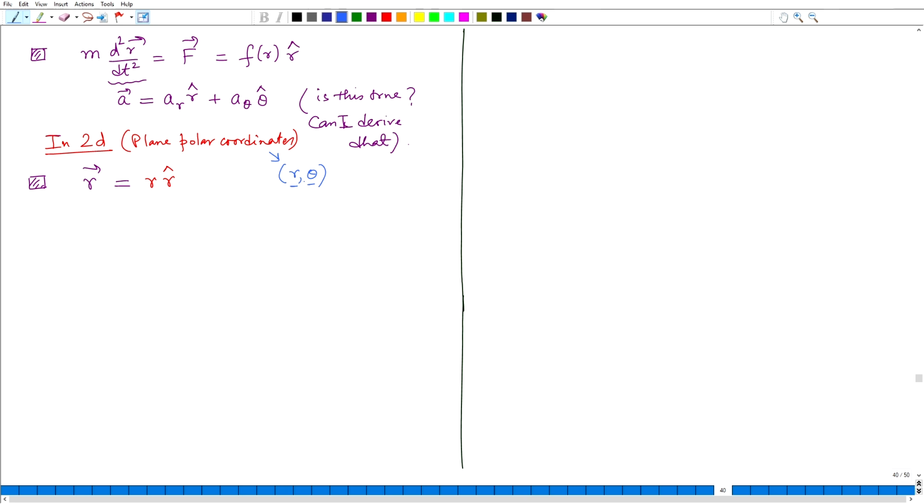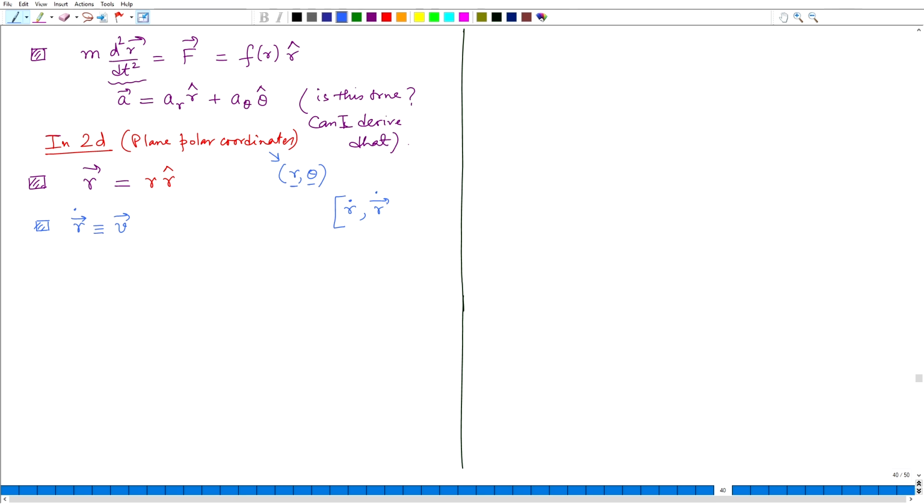Now, I will calculate the velocity vector and the acceleration vector in this system. So, what will be r vector dot? This is actually the velocity vector. Here I would like to make a point of caution: sometimes you mix up or confuse r dot and r vector dot.